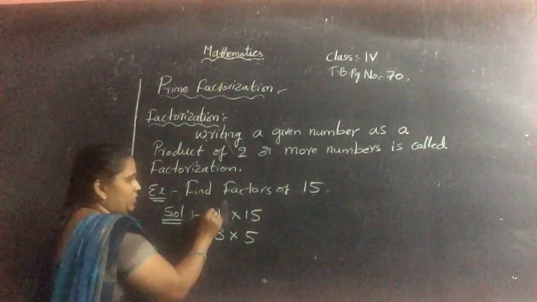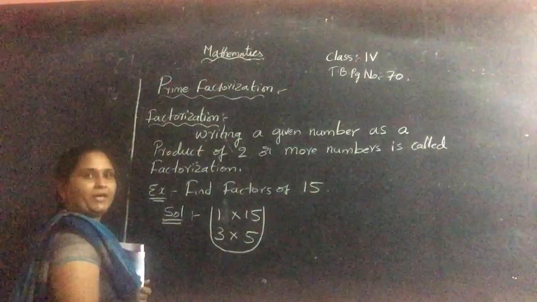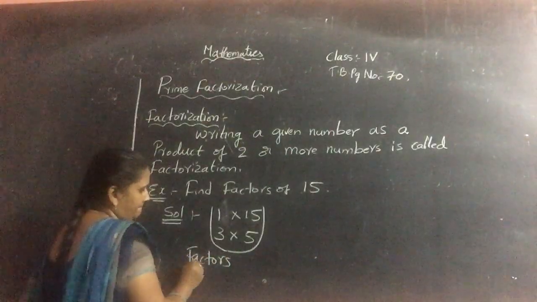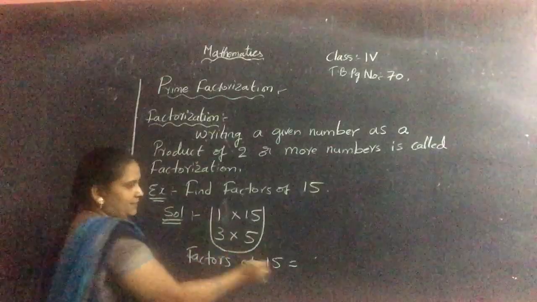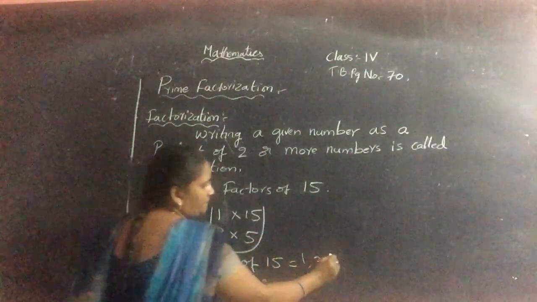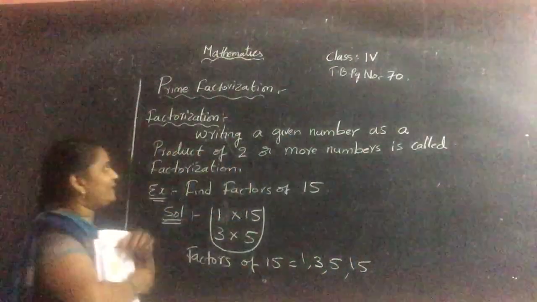No. So you can write it in a U shape, children. Now, factors of 15 is equal to 1, 3, 5, 15. So what have we written here?